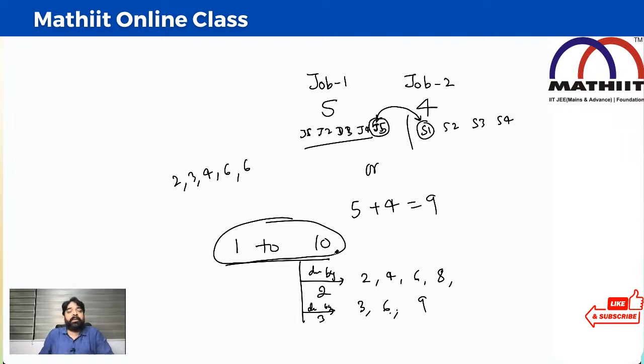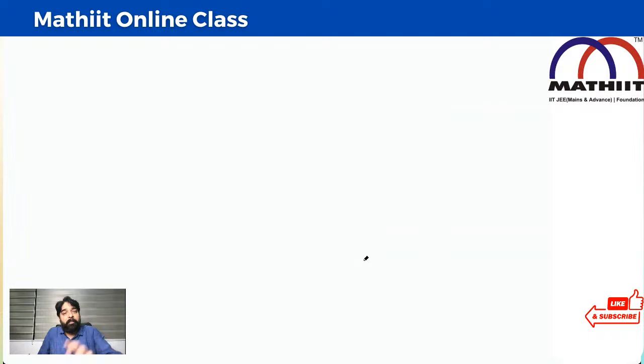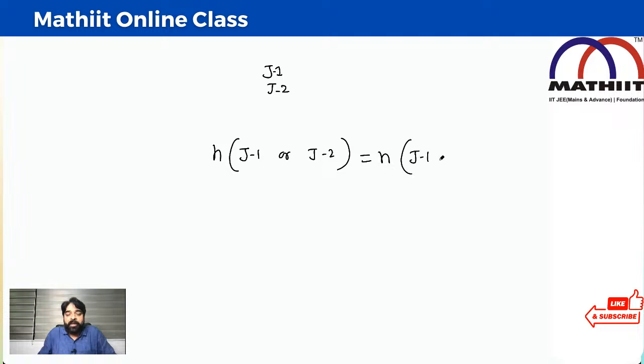So always remember this point. You already know it, but we have to use it in permutation and combination. Basically, suppose job 1 I write as J1 and job 2 as J2. The number of ways to do job 1 or job 2 means n of J1 union J2.